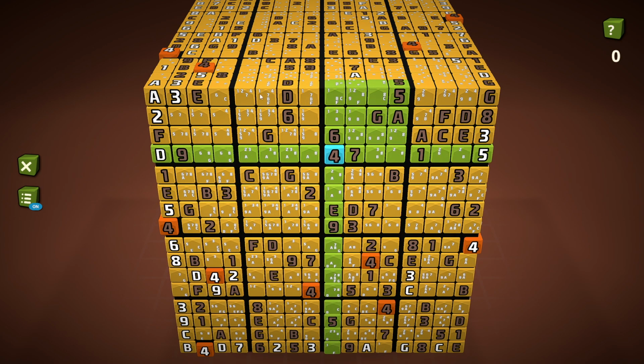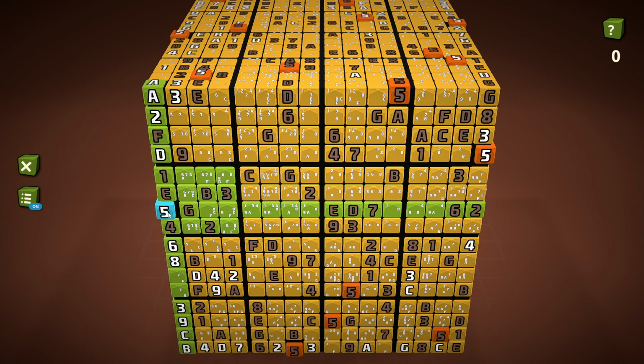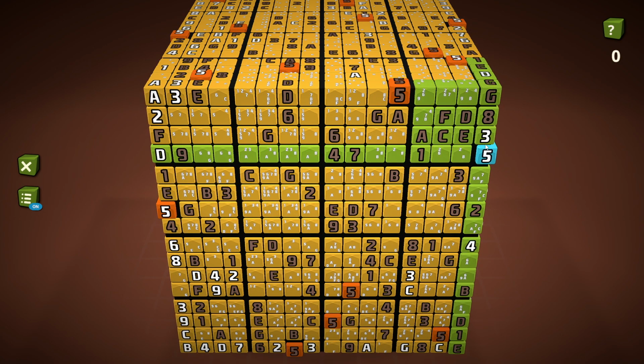But this one could be first, second, or third, so that doesn't help matters, but screw it, yeah, it helps. 5s. After this, I'm gonna do a normal Sudoku, an easy Sudoku. I'm gonna feel so smart.